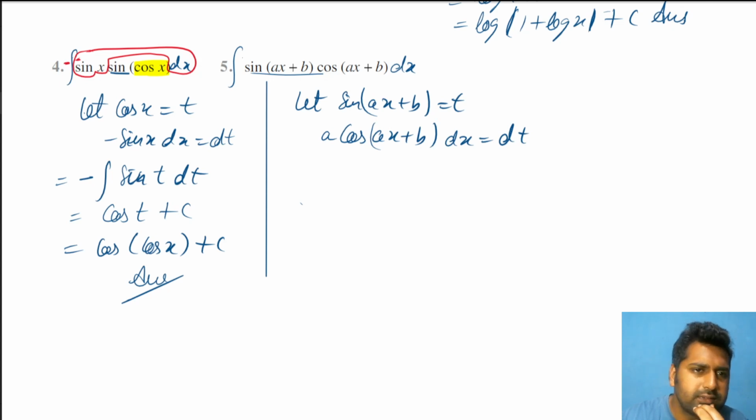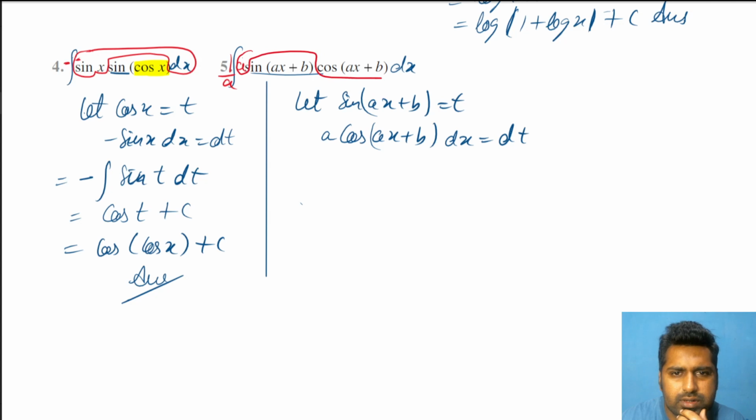A is not present, so what we'll do? We'll put another a here, and since we have multiplied this by a, we have to divide by a also. Now this a cos of ax plus b dx is becoming dt. So your integration will look like 1 by a.